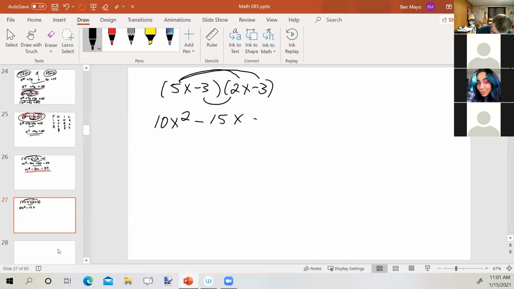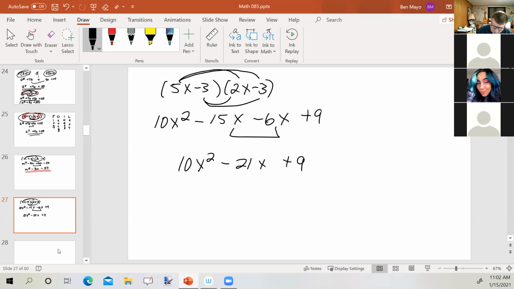Minus 3 times 2x is minus 6x. And minus 3 times minus 3 is plus 9. Combining like terms, I get 10x squared minus 21x plus 9. So there's your final answer.